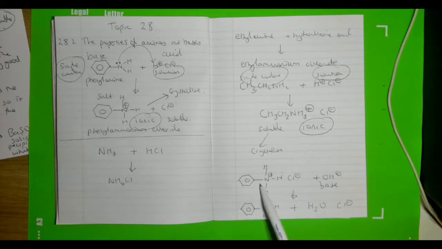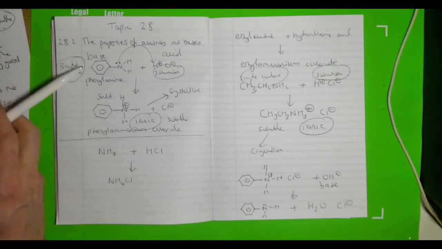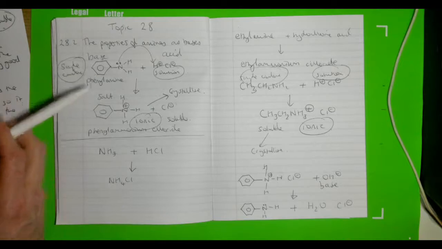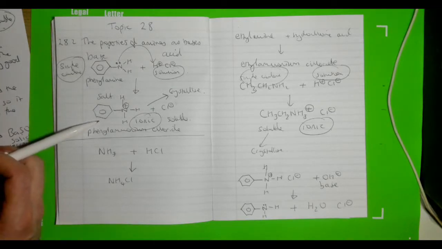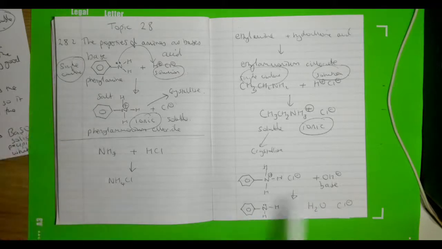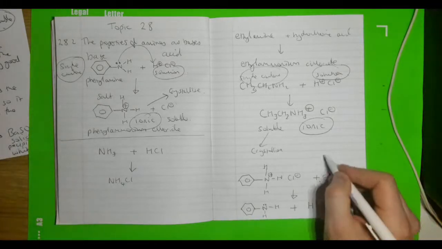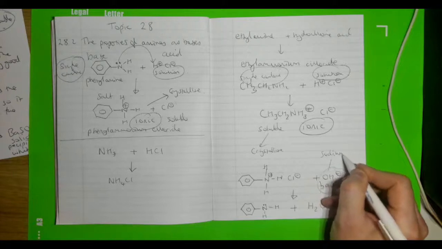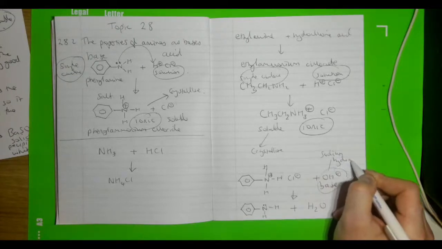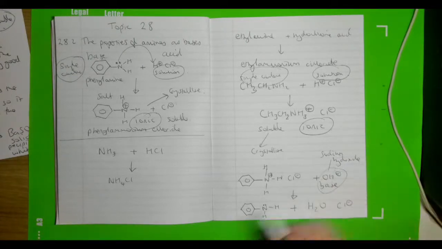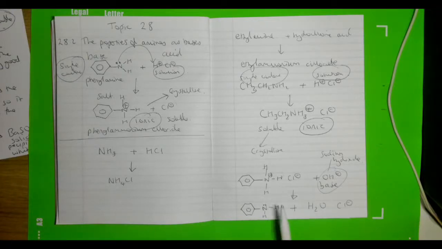So over here we had phenylamine as our reactant and phenyl ammonium chloride as our product, whereas here phenylamine is a product. With a strong base, something like sodium hydroxide, we'd remove the proton from the salt and regenerate the amine.